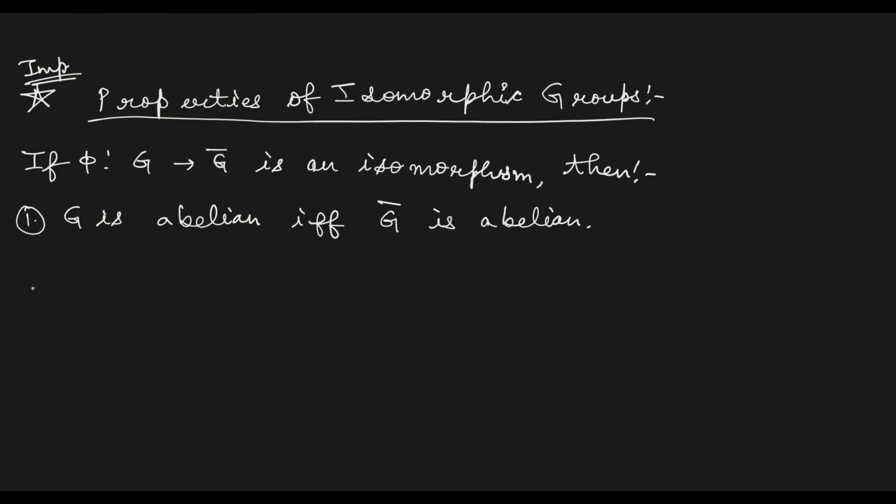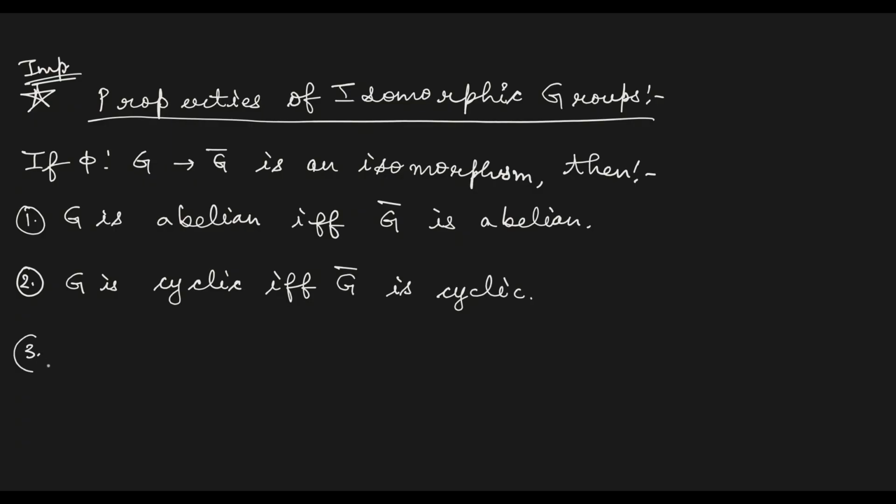Second, G is cyclic if and only if G bar is cyclic. Phi inverse from G bar to G is an isomorphism.